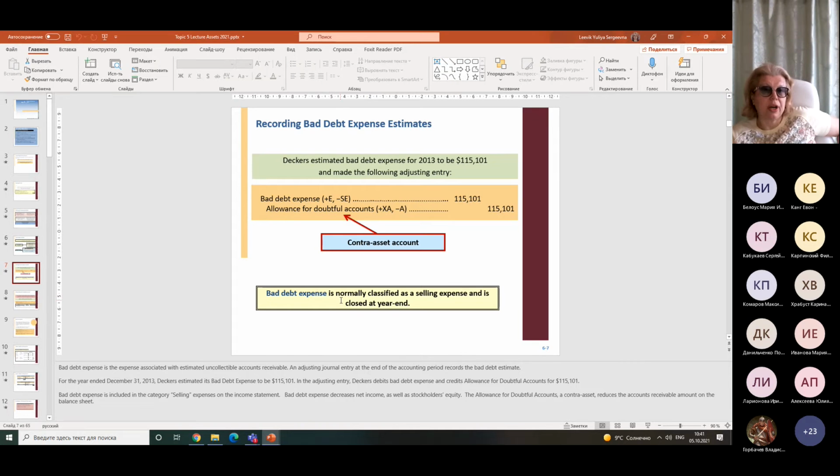But once you calculate operating income, then you should also consider bad debt expense. Please remember about it, because in your first test you can find questions concerning bad debt expense and the relationship with operating profit, operating income, and gross profit. So it's important to remember about it.